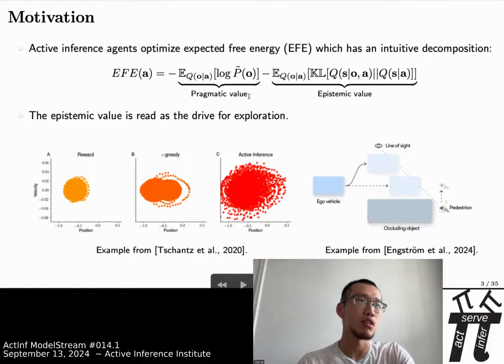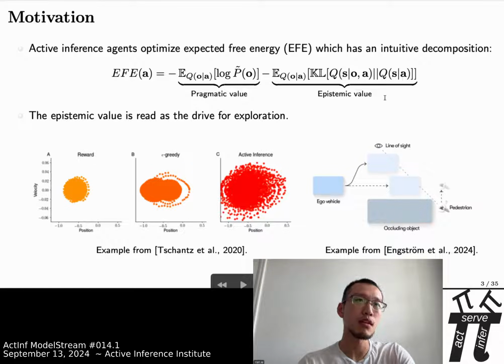The expected value term encourages the agent to obtain reward or achieve their preferred state of the world, because it's simply the cross entropy between the predicted future observations given some actions and the preferred observations, p tilde.